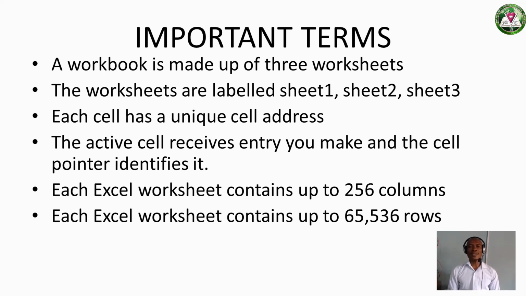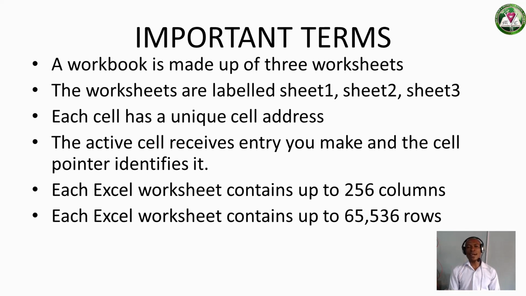Which one is the active cell? I said before that the active cell is that cell that has a heavy border around it, that is highlighted. Any cell that is highlighted in a worksheet is called the active cell. So anything you type on the keyboard is entered in the active cell.